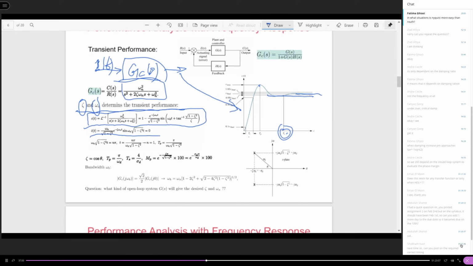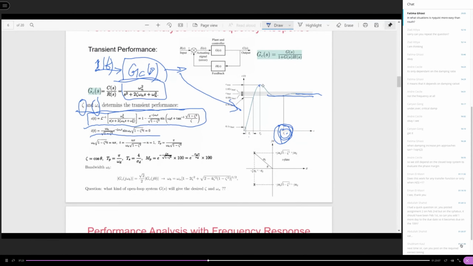How TS behaves depends on the damping ratio. So this measures the stage when the signal almost settles.